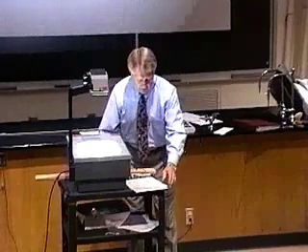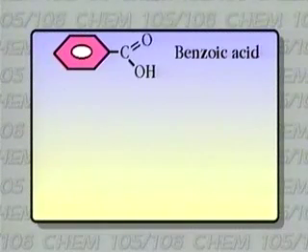A couple of other types of compounds involving this phenyl group, or the benzene group. Here we have put on now the organic acid group. Remember, the organic acid group is a carbon with a double bond oxygen and an OH on it.